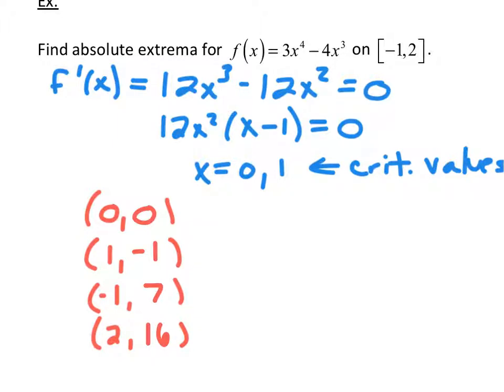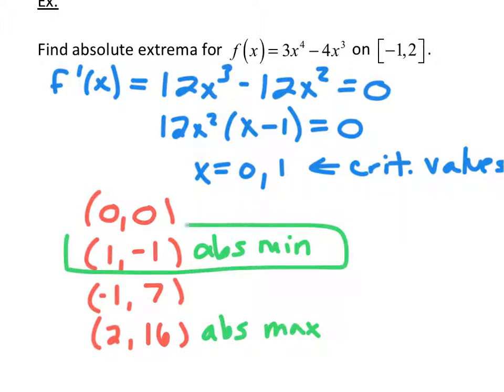So the lowest y value, my smallest y value, is what we call the absolute minimum point. That would be at that 1, -1. And I'm going to abbreviate, that's my absolute min. The highest y value is where I have the absolute maximum. So that's at the 2, 16. So that's my absolute max. And those would be my answers.